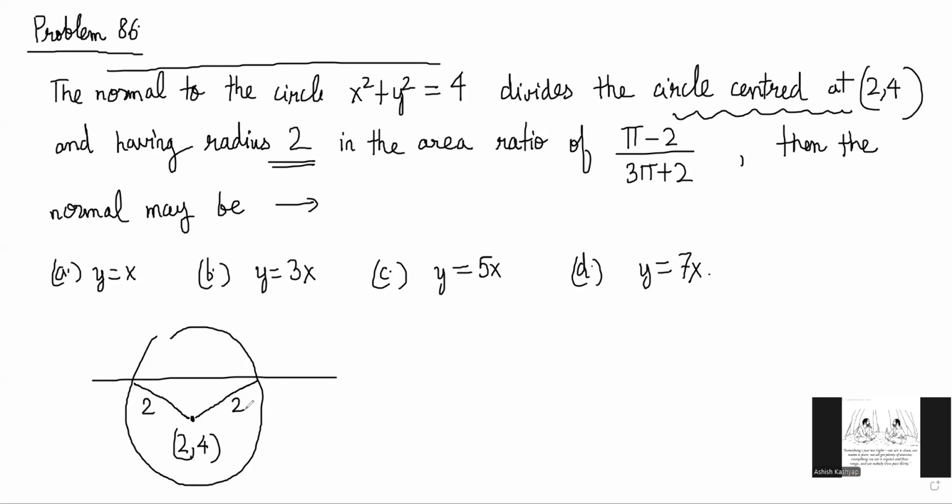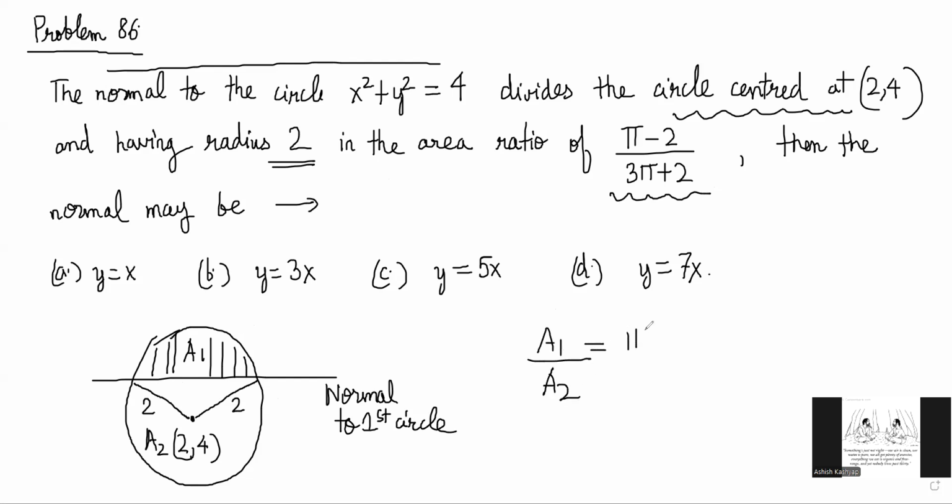The second circle has center 2 comma 4 and radius 2, and this is my normal to the first circle, right? You can see that the straight line divides the second circle in the ratio of A1 by A2. Two segments, one is a minor segment with area A1 and one is a major segment with area A2. That ratio has been given to us as pi minus 2 by 3 pi plus 2, right?